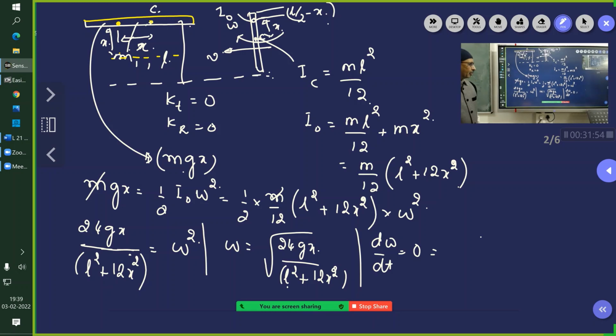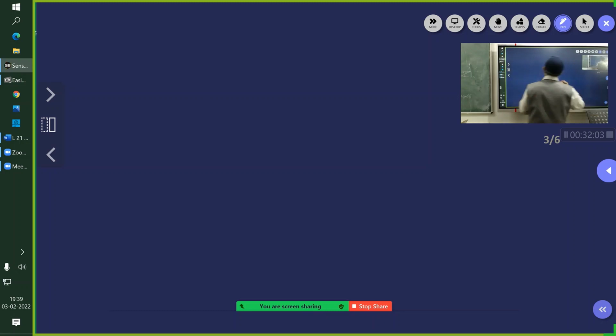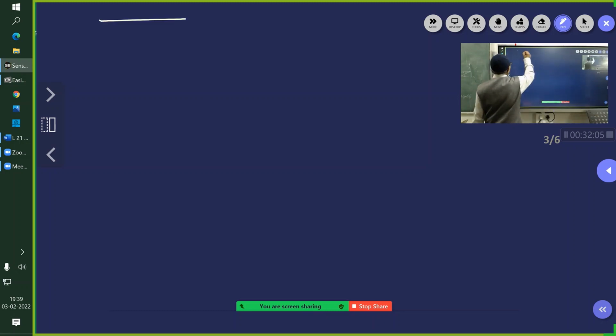Yes, sir. Please explain how you wrote mgx to half I not to minus. See what I have taken here. I have taken the rod like this. The rod is pivoted here, and the center of the rod is this, and this distance they have told is x.